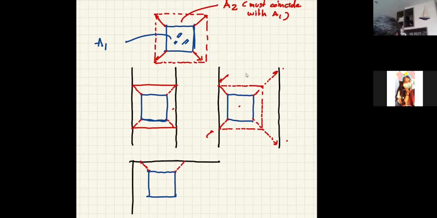Right here, it also hits a barrier. So when you hit the barrier, that becomes a limitation. You cannot go beyond this. You cannot go beyond that. And because A2 has to coincide with A1, and you go out 45 degrees here and there, so there you go. That becomes your A2. This one.